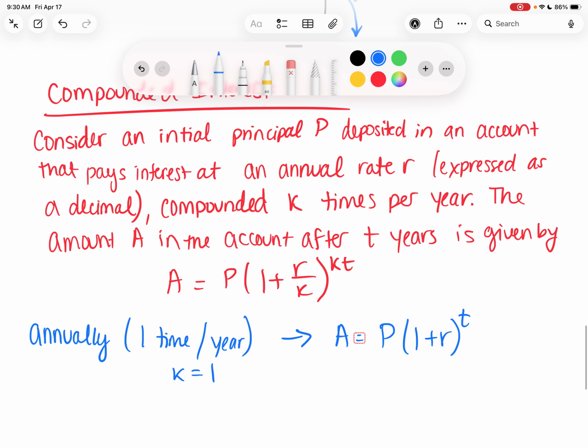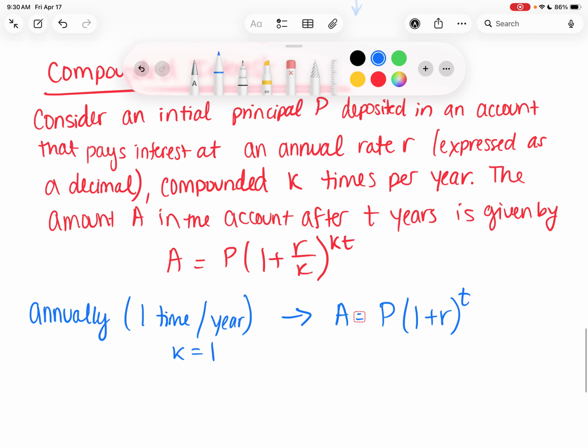It's really blurry. I'm just going to give you some of the phrases here. Trying to think which ones are going to use quarterly. That would be K is equal to 4 because that happens 4 times per year.